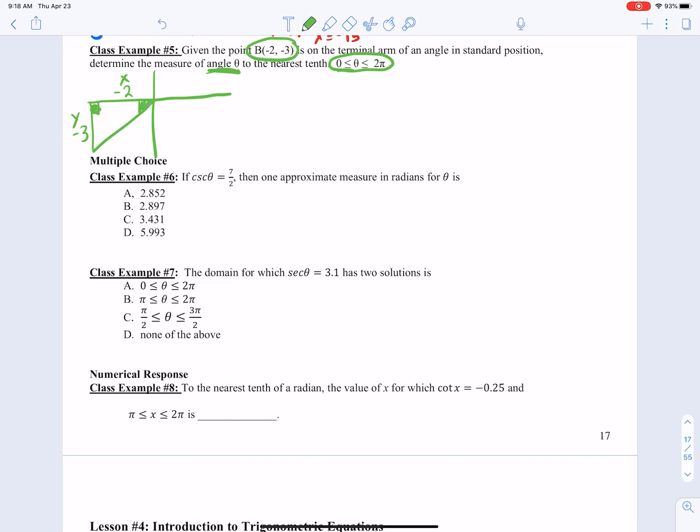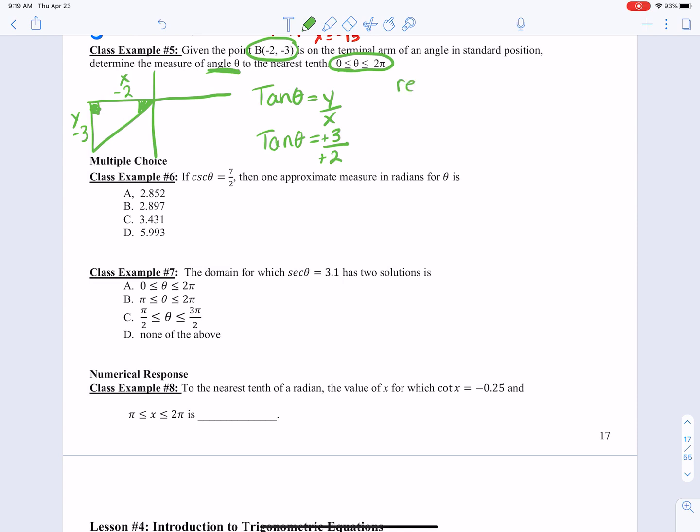So what I'm looking at is which trig ratio uses x and y. If I go to my ratios, I know that's going to be tan. So I'm going to go tan theta is equal to y over x, and they're both negative, but I know that they end up positive because a negative divided by a negative is positive.